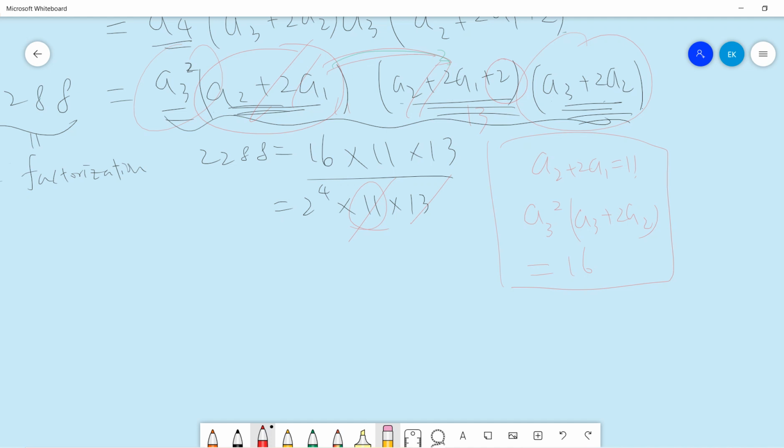Here it's 2 to the 4, right? So a3 can only be 1 or 2. The reason is that if a3 is not 1 or 2, then it must be 4 or something, but if it is 4, then a3 plus 2a2 will be 1, which is impossible because they are both positive. So a3 can only be 1 or 2.